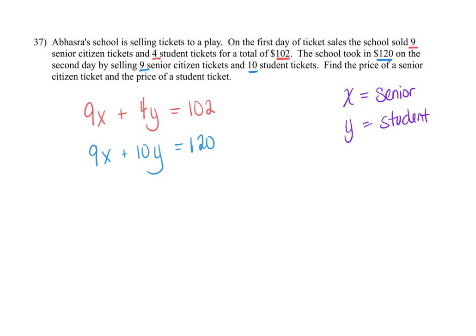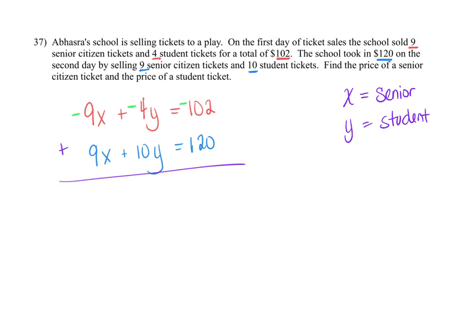Now I can solve by elimination. Now, you have to check. They will not automatically eliminate, right? Because I have a 9 and a 9, but one is not negative. So I do need to multiply one of those equations by a negative before I add them. And then once I do that, I am ready to add.